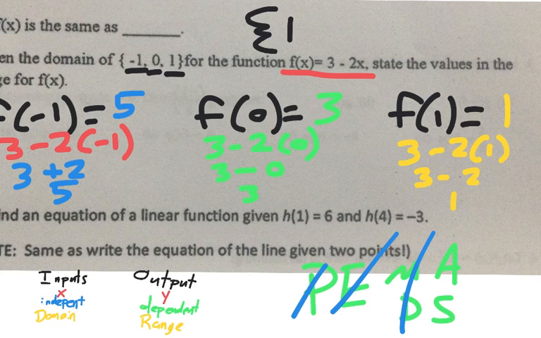The smallest output was 1. What was the next smallest output? 3. And then what was the next smallest output? Were there any more outputs? No, those are the only 3 outputs. So that would be my range.